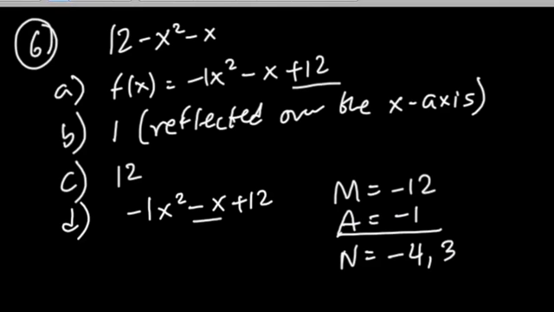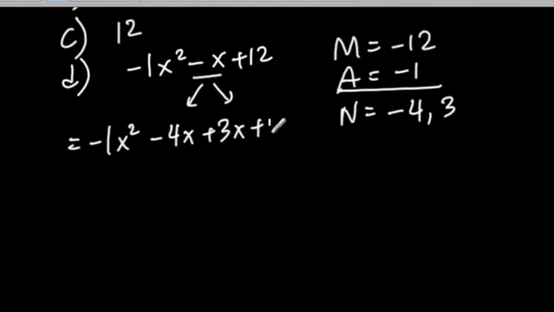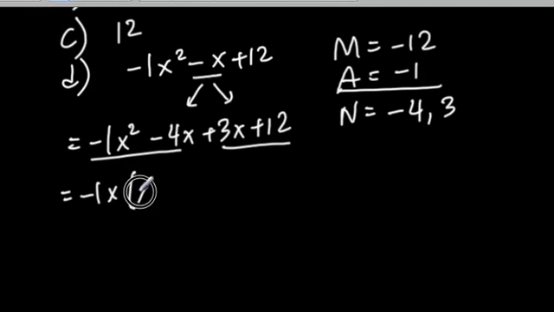So what that means is that this middle term will split into negative 4 and 3. So let's look at how that turns out. It's negative 1 x squared, and splits to negative 4x plus 3x plus 12. And what we do is we group the first two and group the last two. So it's negative 1x times (x plus 4), because negative 1x times positive 4 is negative 4x.